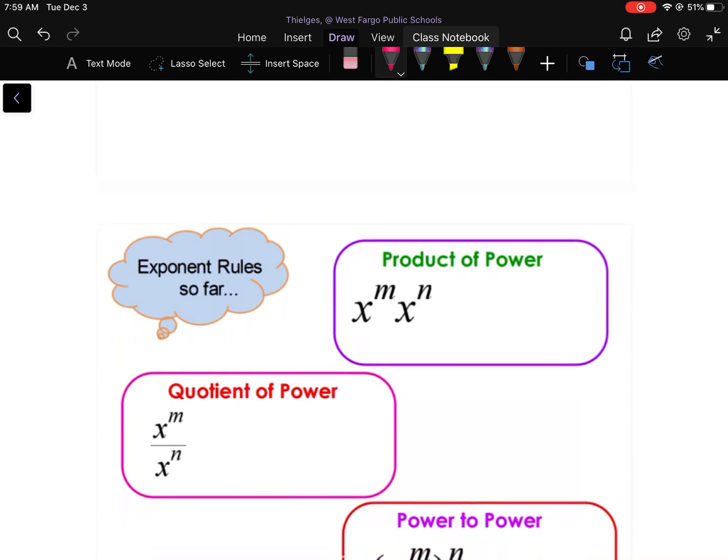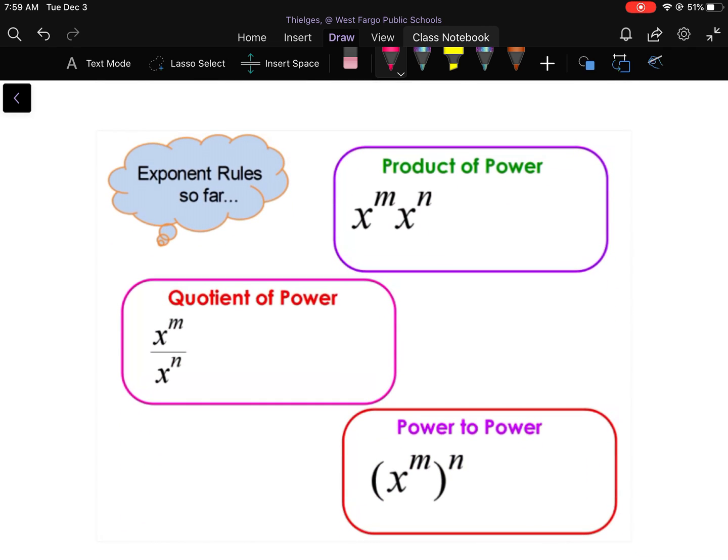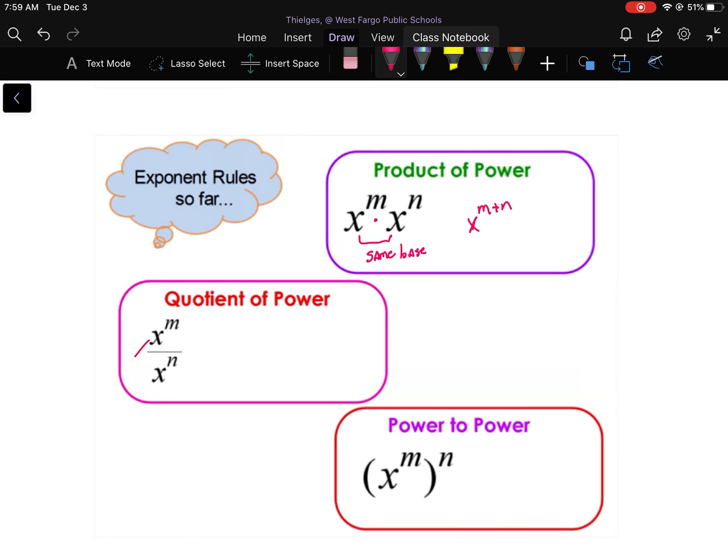Okay, so let's start off with going over the rules that we've got so far. When I'm multiplying and I've got the same base, the trick is that I can take the exponents and add them together. My quotient power, when I'm dividing and they've got the same base: here that was multiplication, here that's division, I can subtract the exponents.